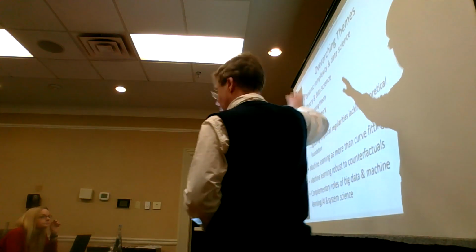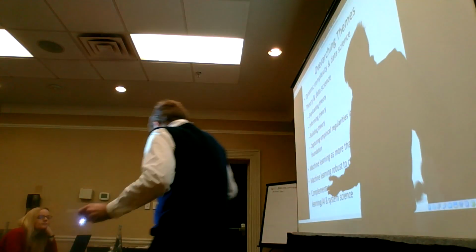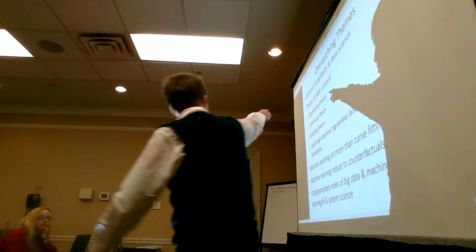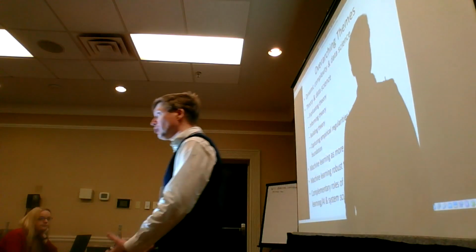So we're going to be talking about theory and data science. Why talk about this in this context? Because, ladies and gentlemen, so much of system science is basically about capturing theory in an operational way in models.